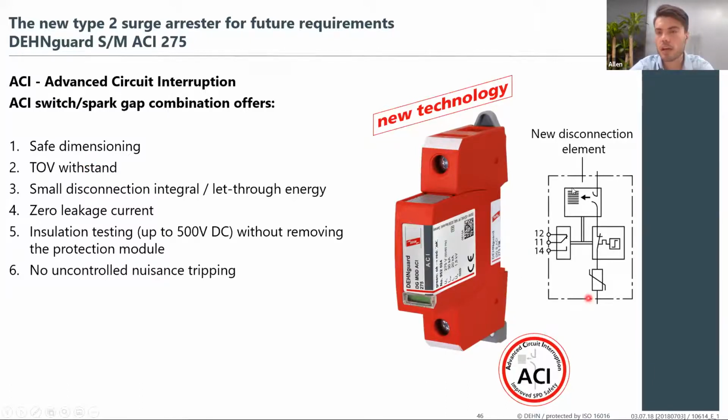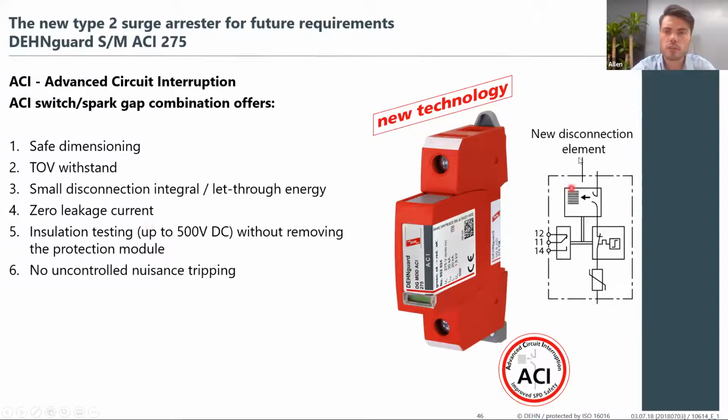As you can see from the diagram on the right-hand side, this new switch spark gap technology is actually an open circuit. Only during fault conditions does it connect, and then the SPD or the MOV is connected into your system. So when you have an overvoltage, the MOV isn't actually connected to your system, which is extending the lifetime of the MOV as well.